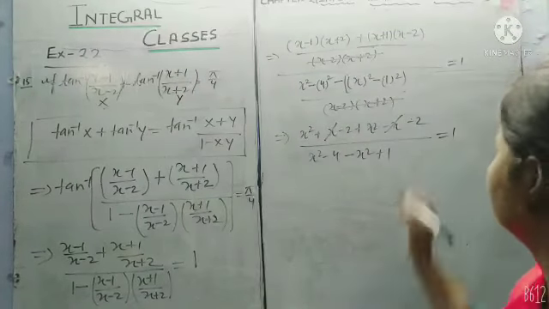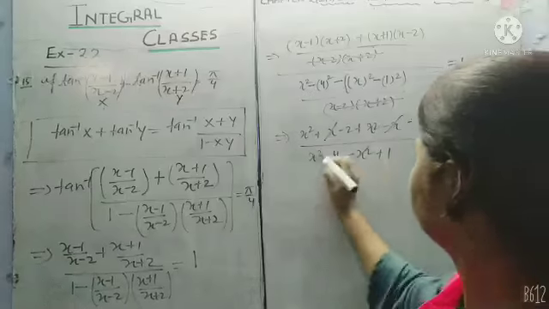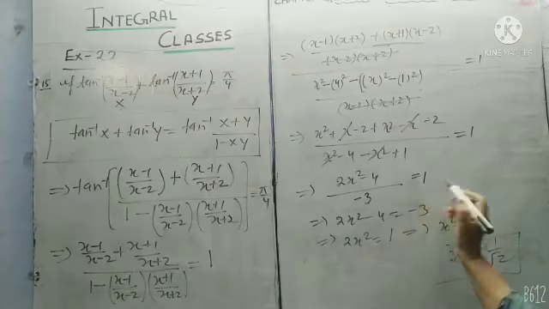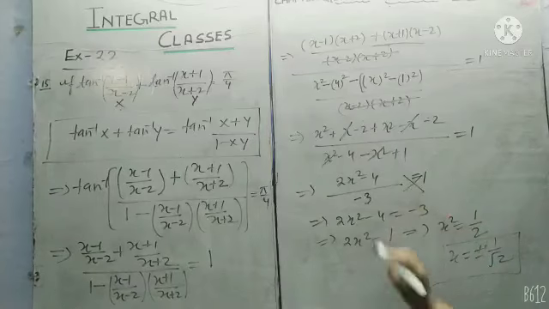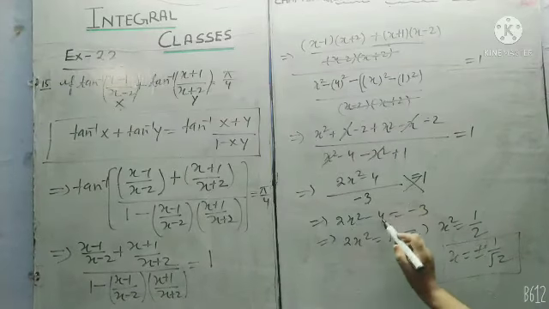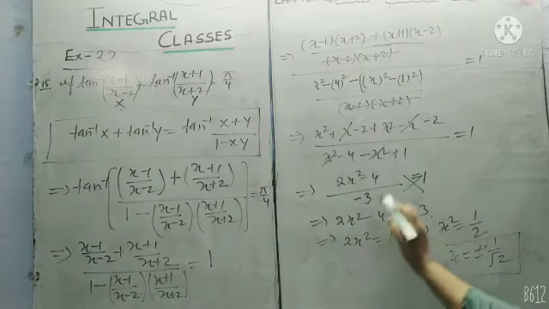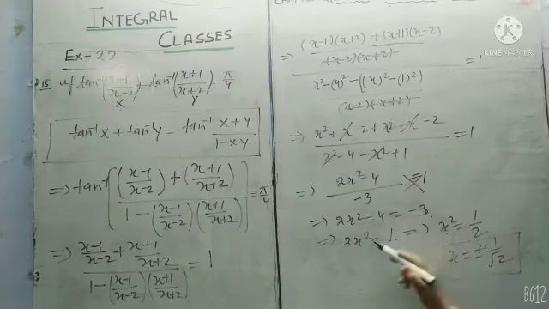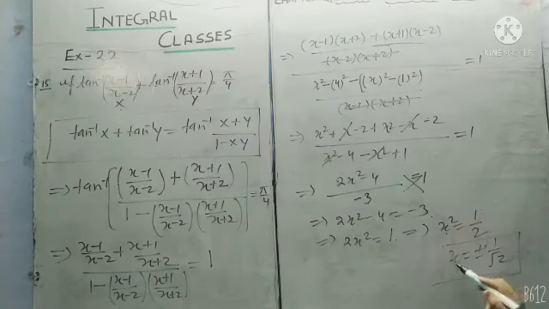Then we get 2x square minus 4 minus 3 equals 1. Then we do cross multiplication, and minus 4 goes to the other side and becomes positive, giving 1. Then x square equals 1 by 2. So we get x equals plus minus 1 upon root 2.